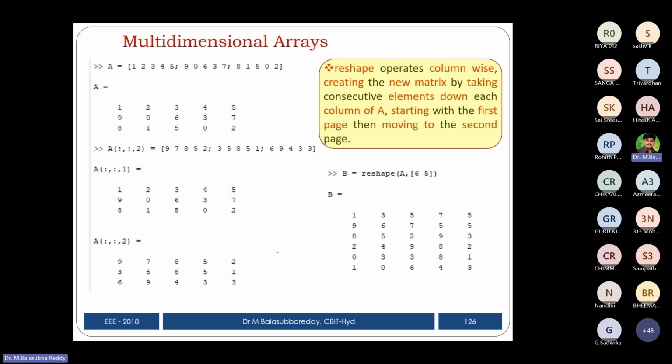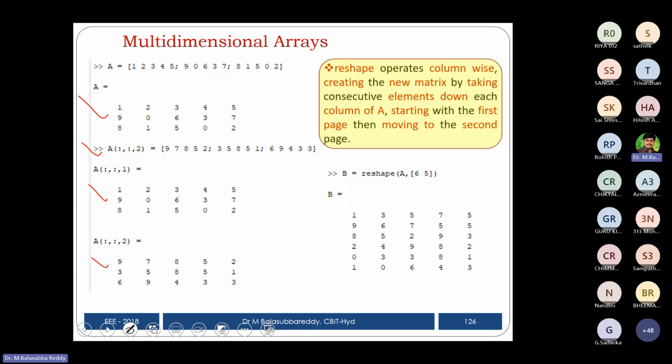Now we can observe that A in the first page is this one, B first page is this one. If I enter this data, I'm assigning the second page, and we have first page as well as second page. By getting first page and second page, now I am assigning this data to be with different dimensions.